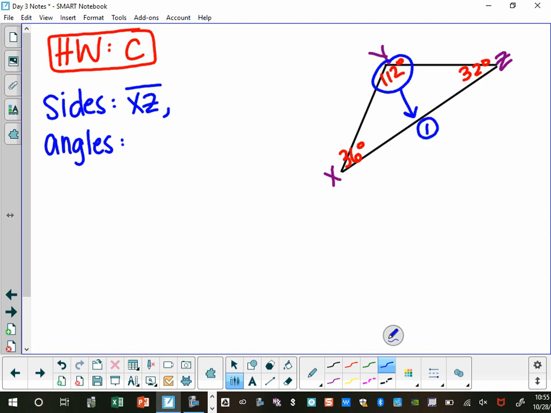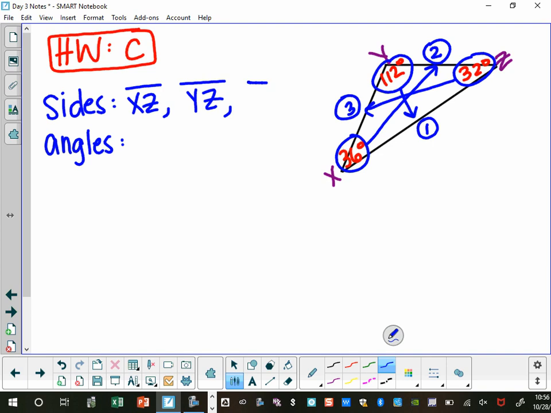Which one is next, 36 or 32 degrees? 36. What side is across from that? YZ. That's my second one. So I'm going to write YZ. And then my third side is the last one, which is XY. So I listed all my sides.